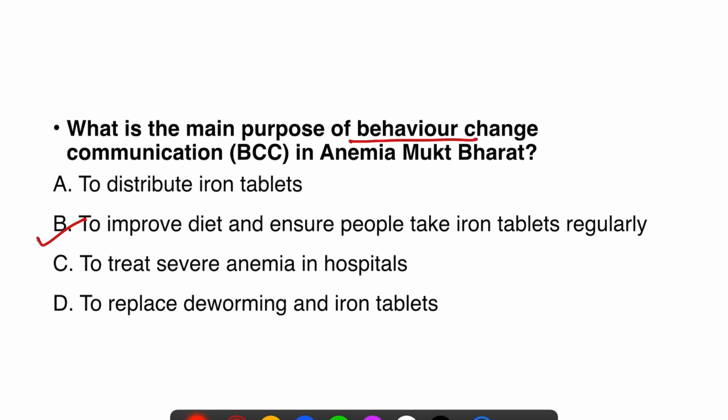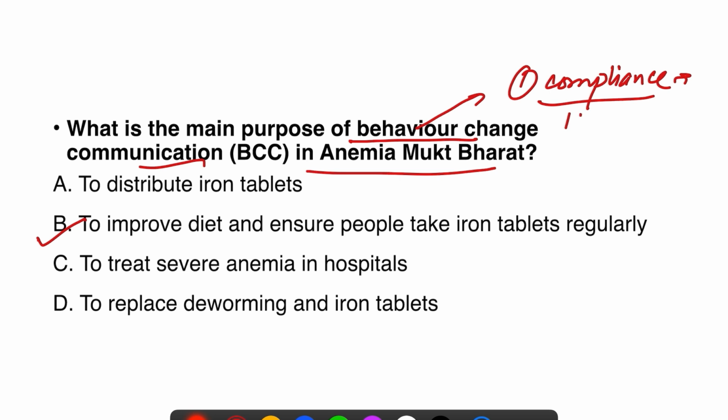In behavior change communication strategy under the Anemia Mukt Bharat, it is designed to basically change the habits of the people. This campaign focuses on four key behaviors. First is improving the compliance of IFA tablets and deworming as well.